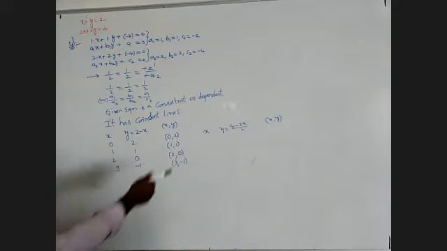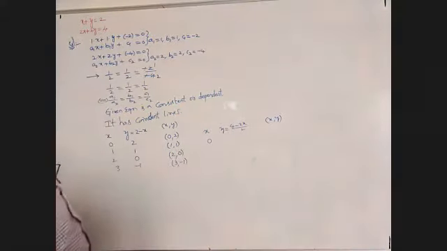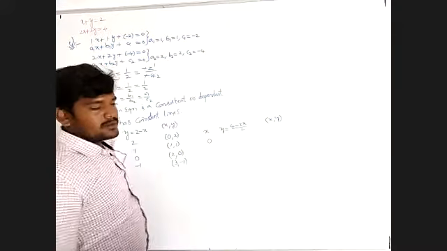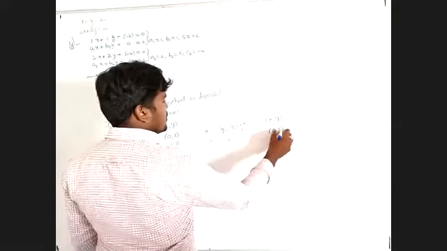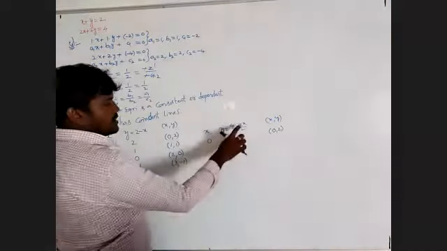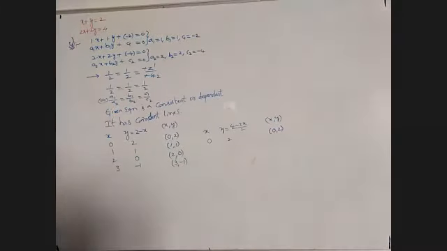We will observe in this one, here also I have to take x is equal to 0, y is equal to 2 into 0 becomes 0, 4 minus 0 becomes 4, 4 by 2 is equal to 2, that is the point 0 comma 2. Otherwise we have to take let x is equal to 1, 2 ones 2, 4 minus 2 becomes 2, 2 by 2 is equal to 1, it also satisfies.